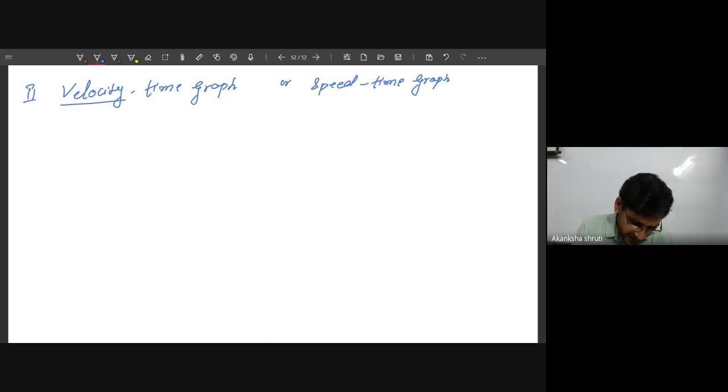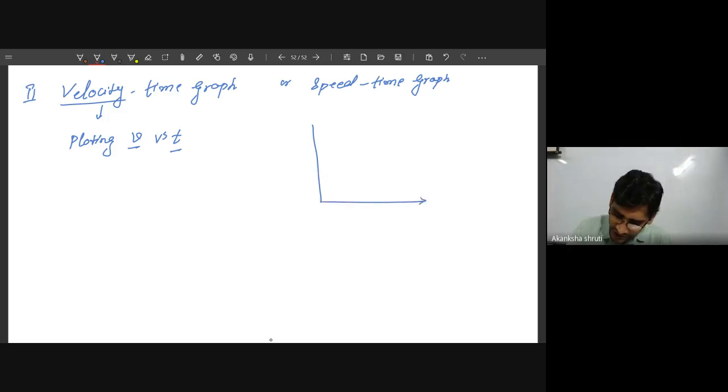So student, here we are plotting V versus T, meaning speed versus time. It is this one. So this V is plotted on the vertical axis and T on the horizontal axis. Time is always on the horizontal axis. So what makes the difference? The difference is that in this case on the vertical axis, the velocity V is plotted.